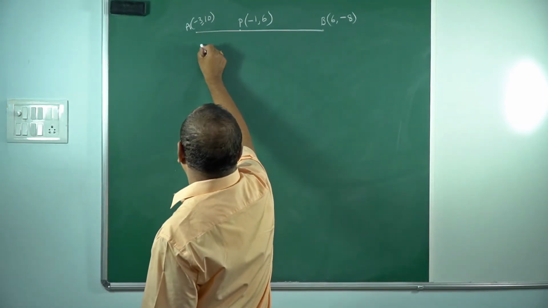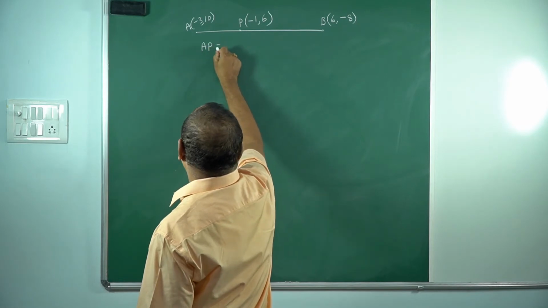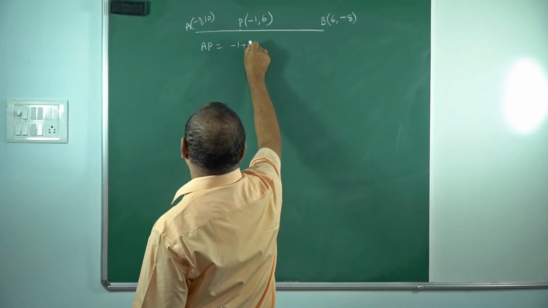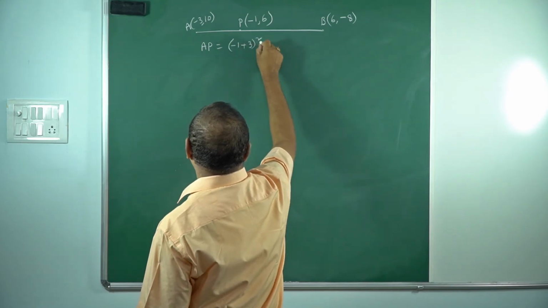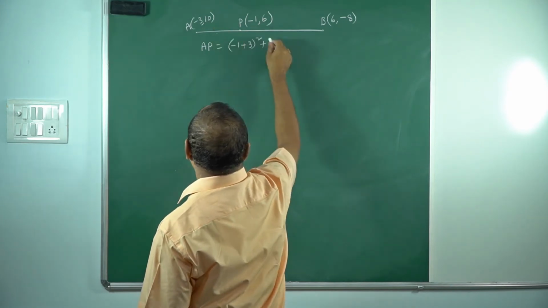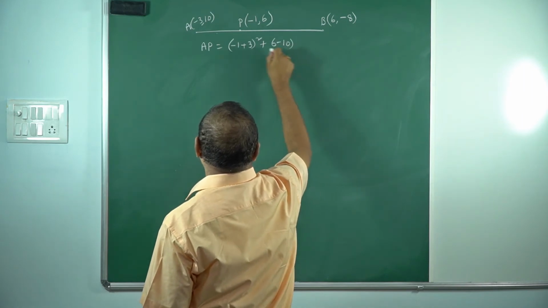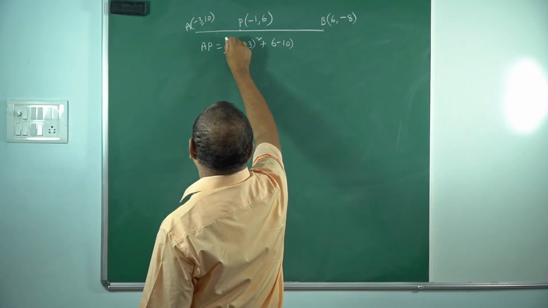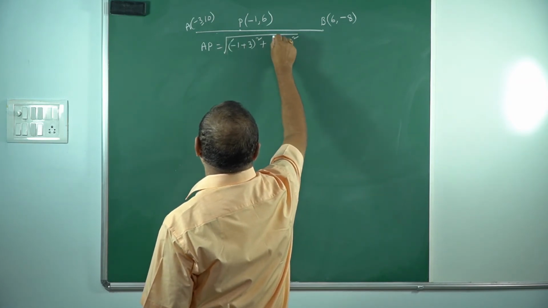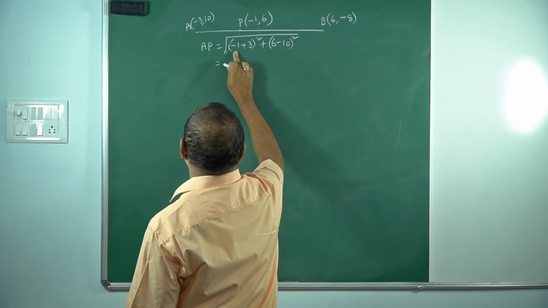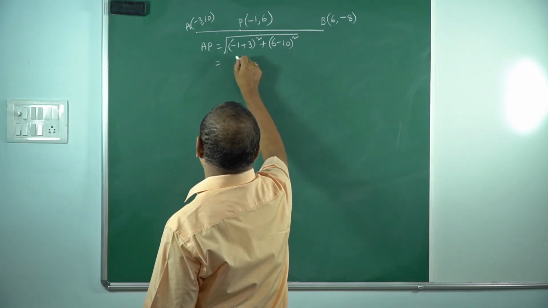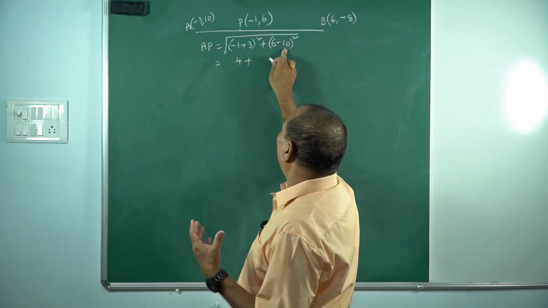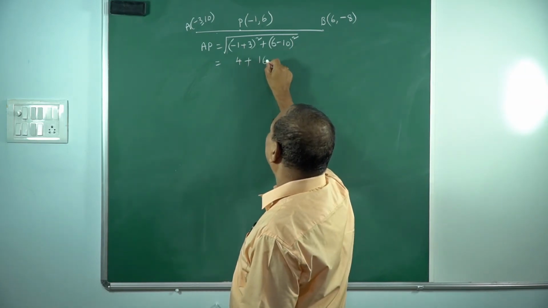This distance I have to determine. AP is equal to root of (-1 minus of -3), that is (-1 plus 3) whole square, plus (6 minus 10) whole square. This is the first distance, root over this. 3 minus 1 is 2, 2 squared is 4, and 6 minus 10 is minus 4, minus 4 squared is 16.